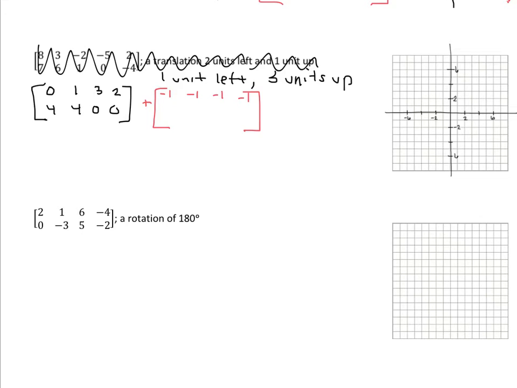Okay, and then what about the y's down there on the bottom? What do we need to add to those? It says 3 units up, so we need all those values to get bigger, so we're going to add 3. So when you have a translation matrix, it'll be the same size as your original one, and all the numbers on top will be the same, all numbers on bottom will be the same. Now what those numbers are depends on how it wants you to move. So what is the resulting matrix?